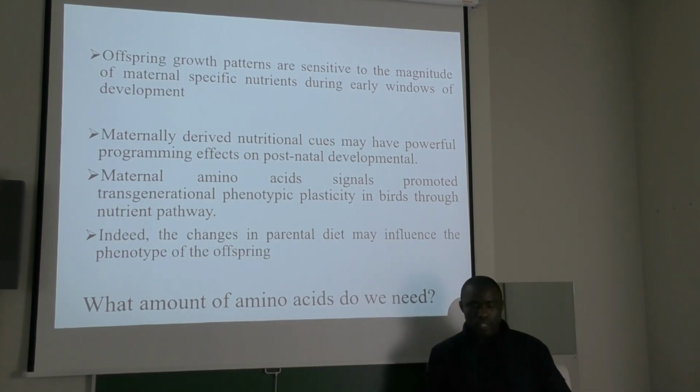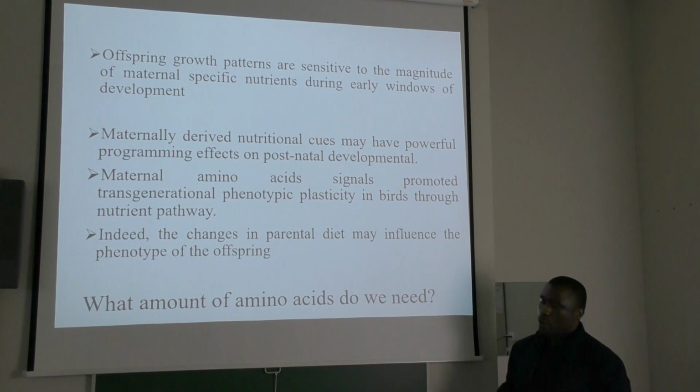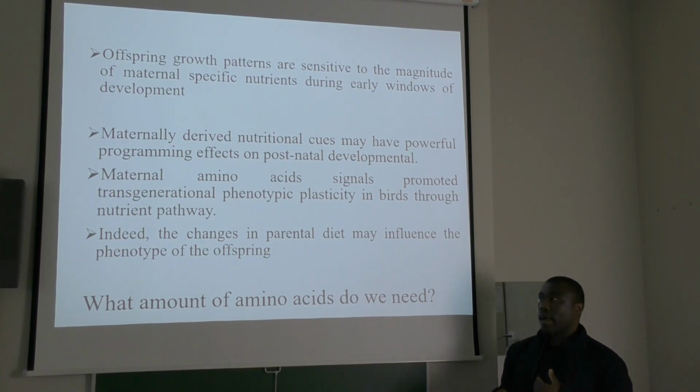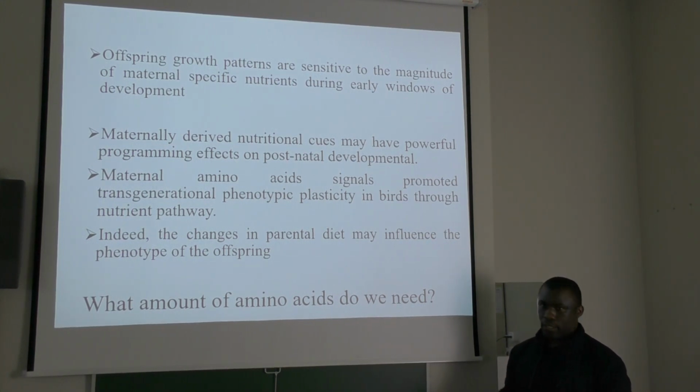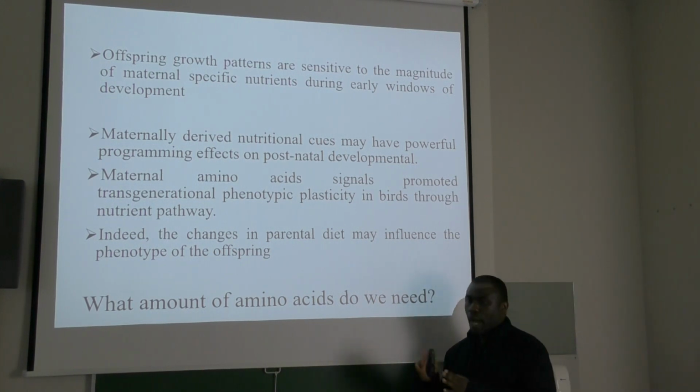So offsprings usually grow by sensing the maternal effects. We injected amino acids to reflect back. Maybe if amino acid is increased, more is allocated to the eggs, what could happen?